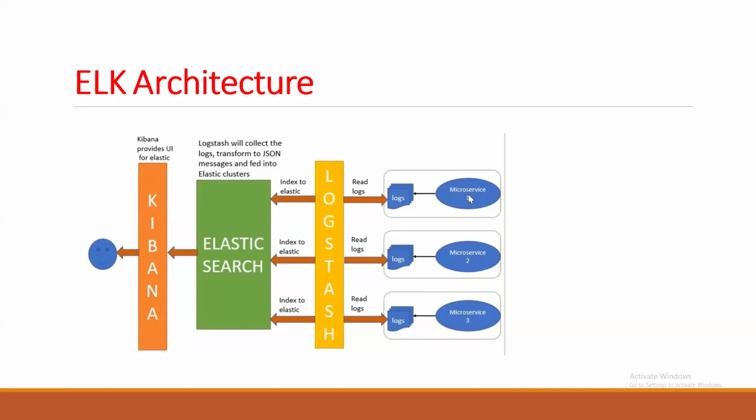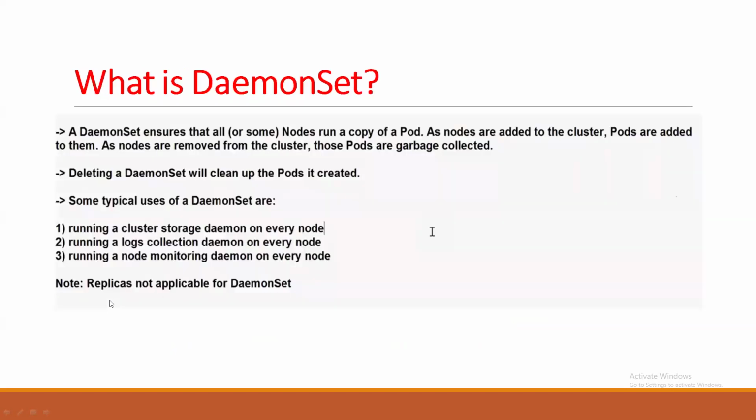Then in Kibana, we can see the logs. So the microservices logs will go through Logstash to Elasticsearch, and they will show on the Kibana dashboard. This is the ELK architecture.